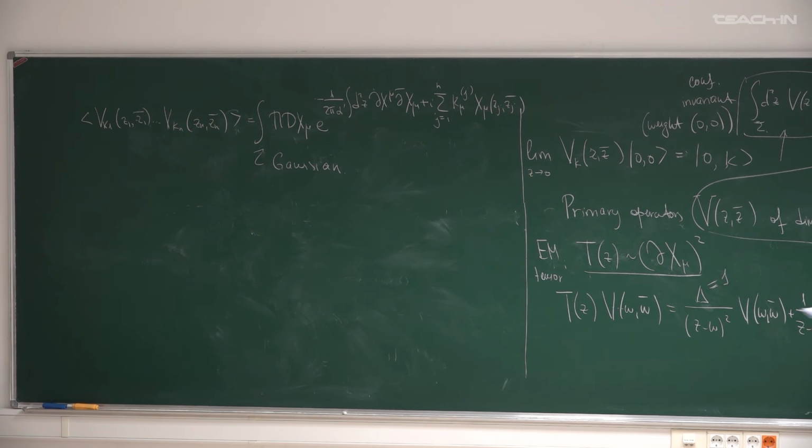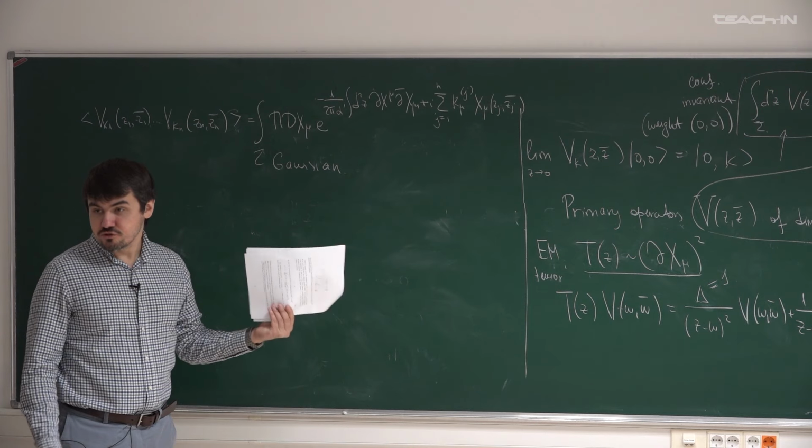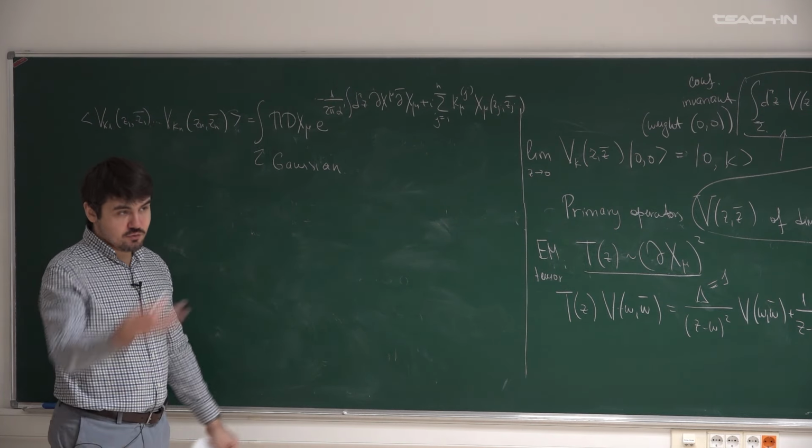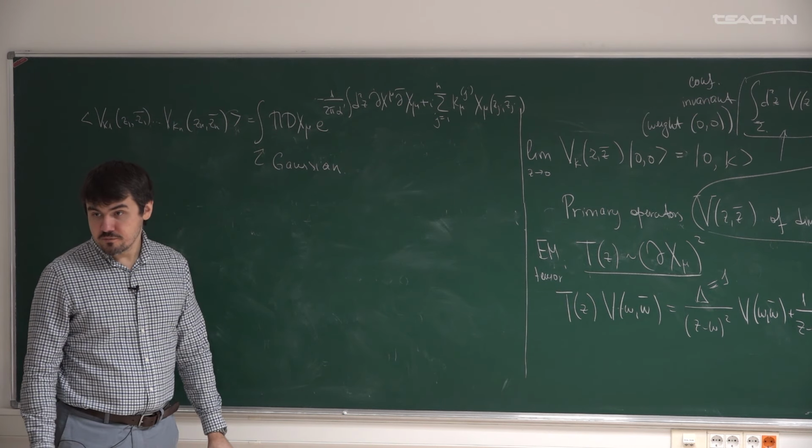I mean, stationary phase is a general notion for any integral in some particular limit, but here it's exact. So for the exact value of the Gaussian integral, you just compute the stationary value of the exponent, which means solving the equations of motion, and then substitute the solution back into the exponent. I hope you're familiar from the quantum field theory course, but that's just a general property of Gaussian integrals.